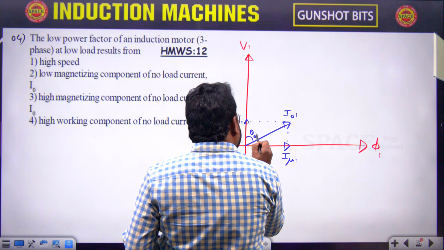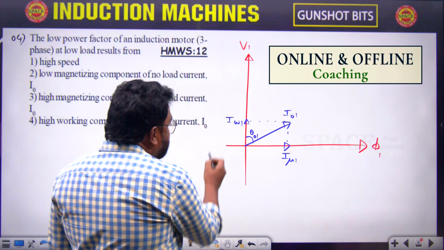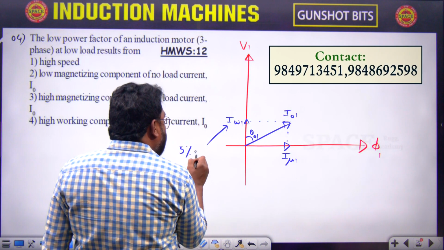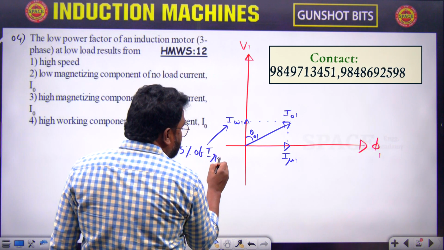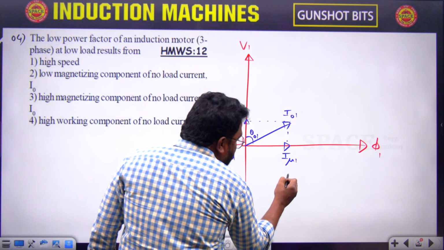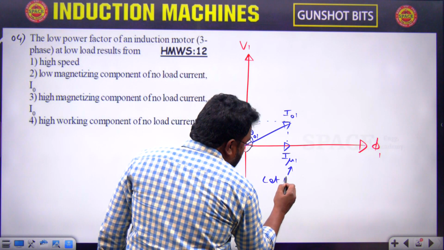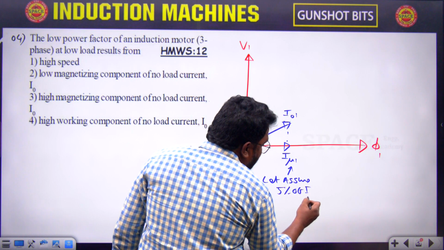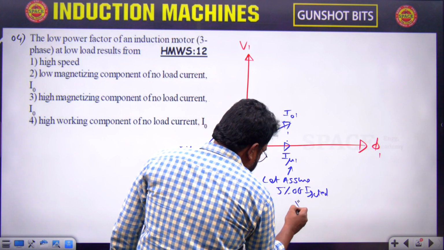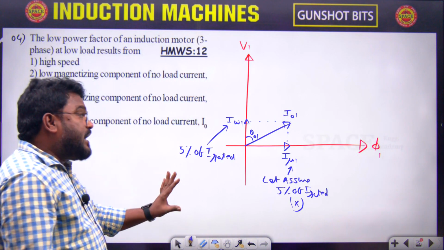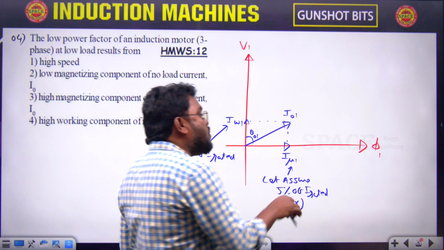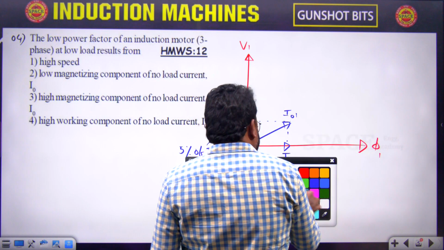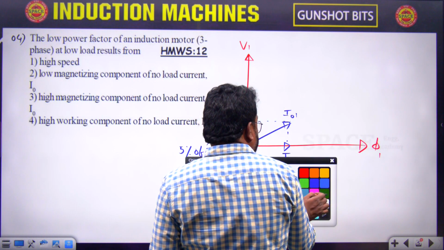This angle is theta naught 1. Practically in the machine, it is in the order of pi% of the I rated value. Now let us assume this is also pi% of the I rated value, but practically that is not correct. Practically it is in the order of 25 to 35%, which is very high as compared to this one.